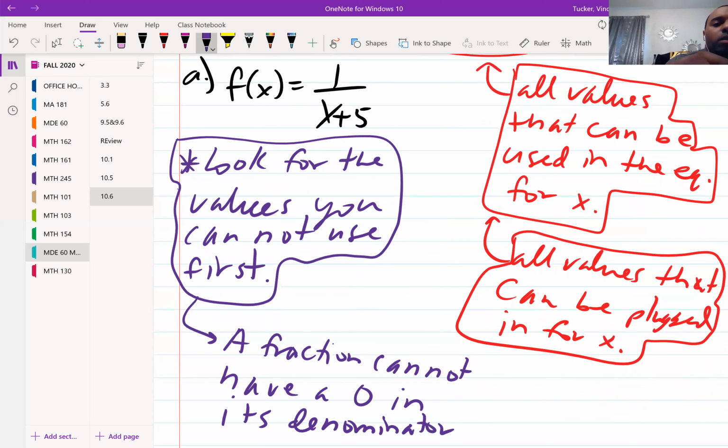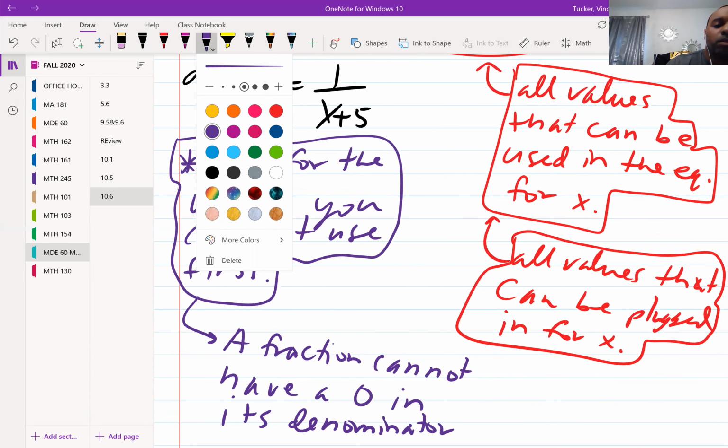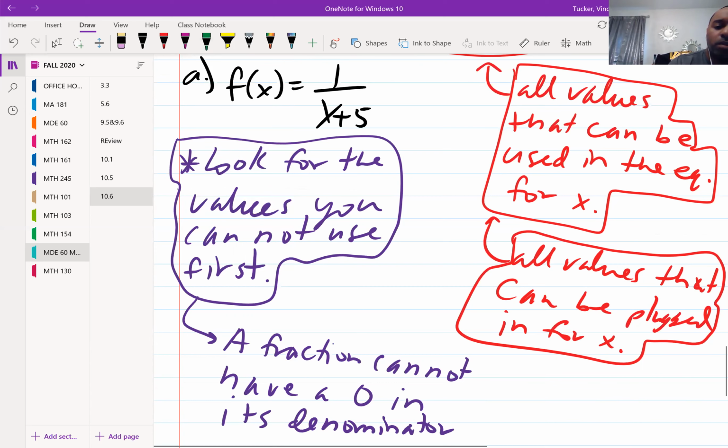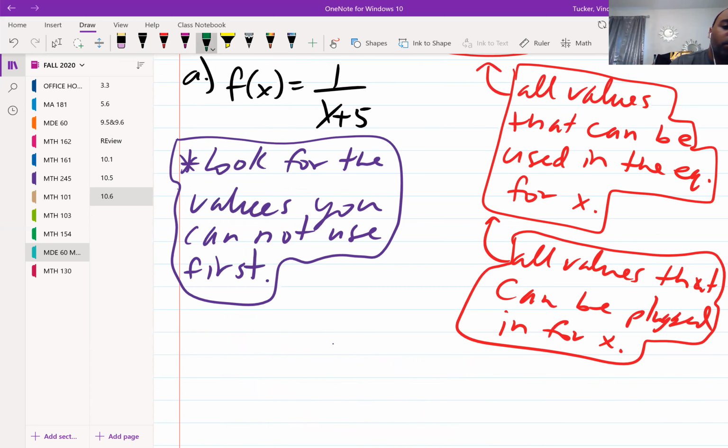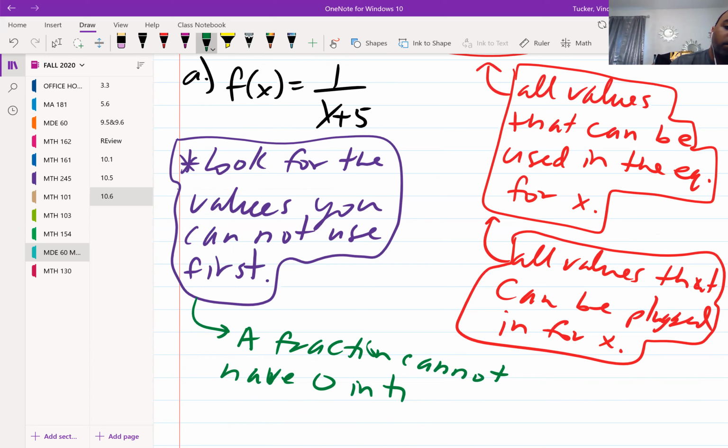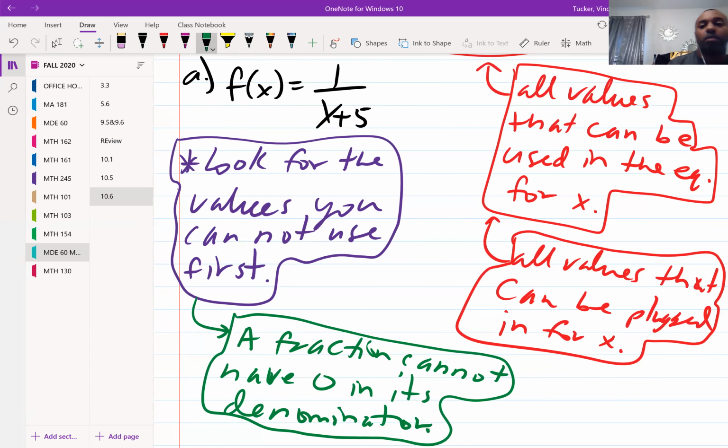Matter of fact, I think I'll change it to a different color. All right.